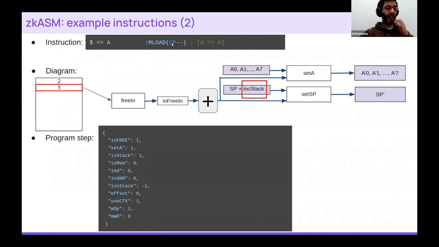This is for convenience as well, in order to not put this in another instruction line. We are doing all the computations in just one line. So at the very end of this instruction, the stack pointer is decreased to 1.